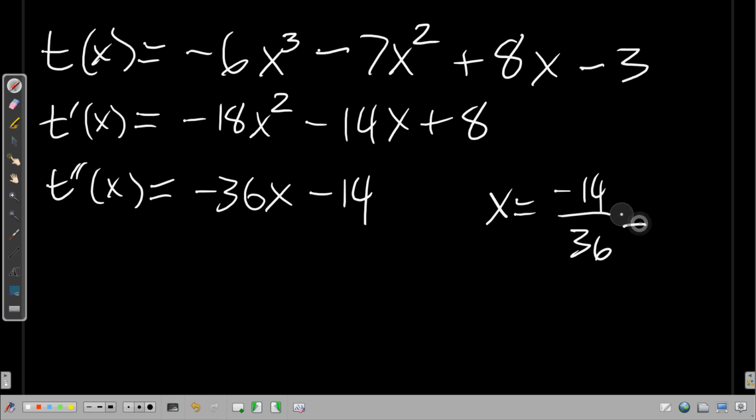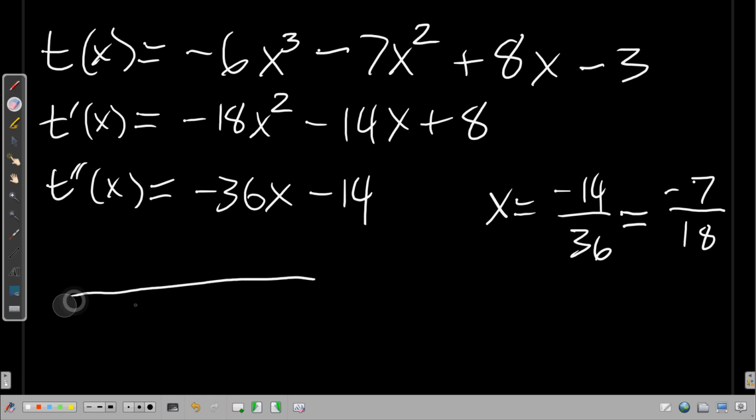And then this number will simplify because 14 is 2 times 7, and 36 is 2 times 18.